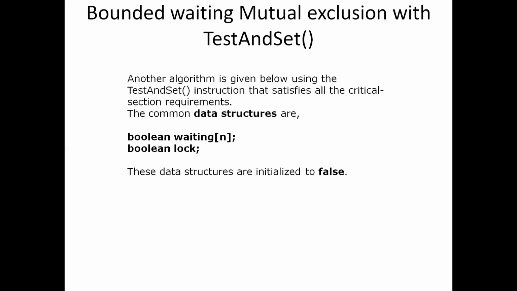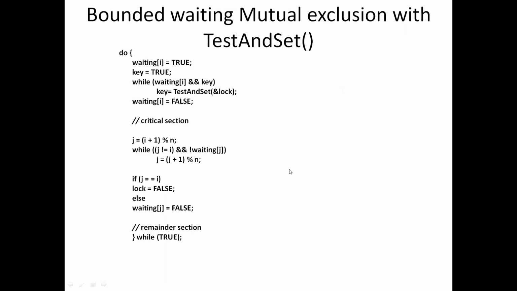Initially we assume that no process is willing to enter into the critical section. So initially waiting of n and lock are both set to false, and both are of Boolean type. Now we'll see the algorithm.